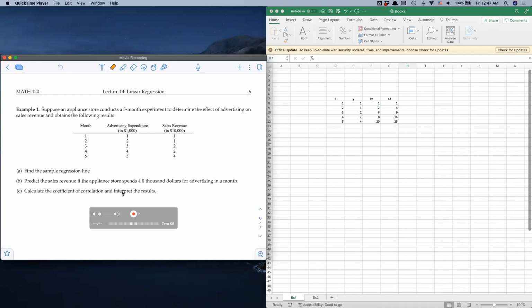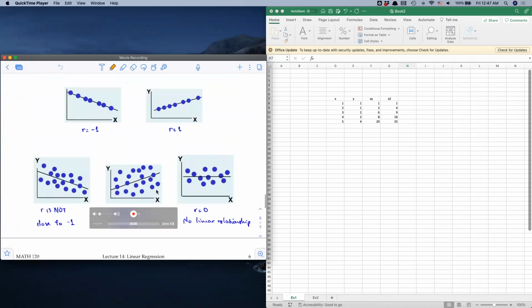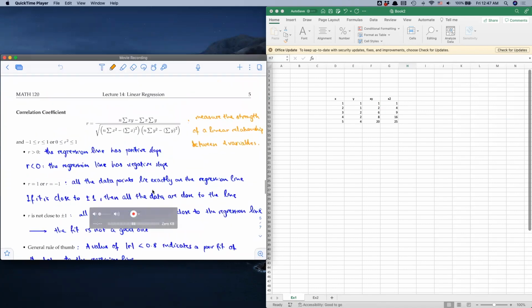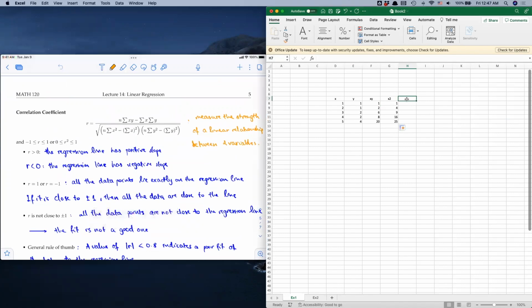And the last is to calculate the coefficient of correlation, which has the sum of y squared in the formula. So I'm going to calculate y squared and put it in this column. This is y times itself. I'm going to drag the formula down.